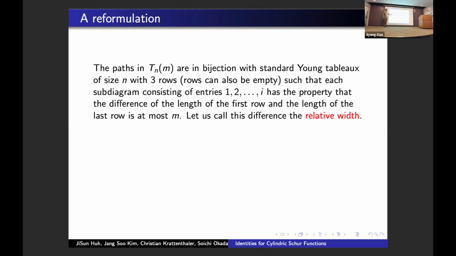This refers to my title. Namely, the difference of the length of the first row and the length of the third, last row, is at most another parameter m.